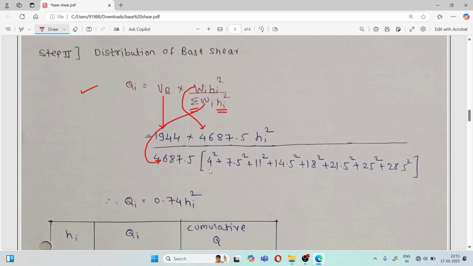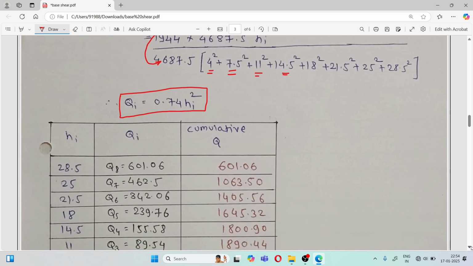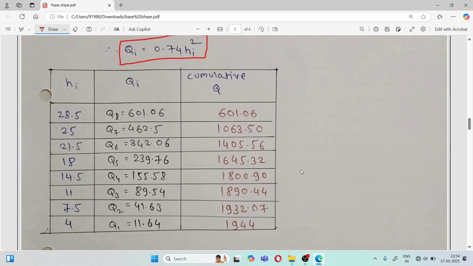I have written all the heights: the first story height is 4 meter, the second is at 7.5, the third is at 11. I have done the summation here. If I solve this, I get 0.74 Hi square.